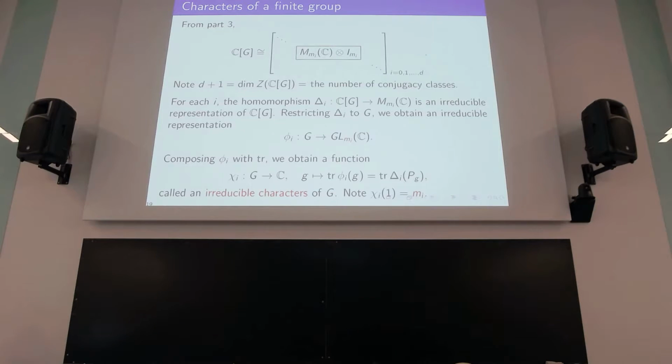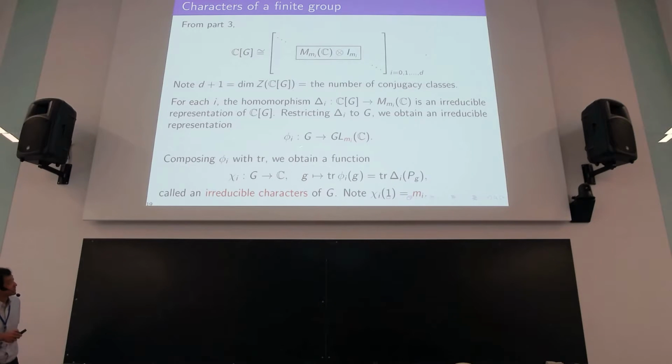Now, here's the definition of an irreducible character. Whenever I have an irreducible representation of a finite group, it assigns a matrix to each group element. Instead of considering the matrix, I consider its trace. So the trace is a number, not a matrix.